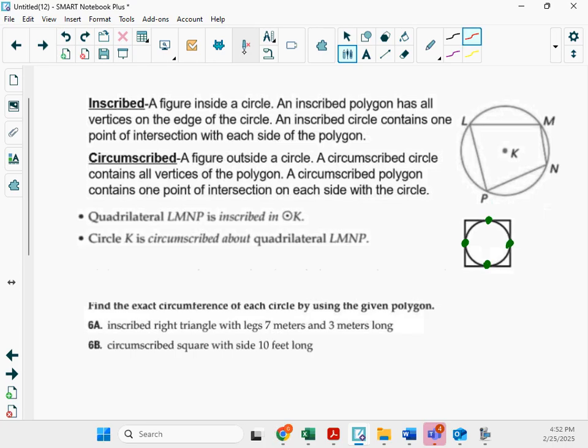So, for example, if I gave you this figure with this circle, this would not be circumscribed because it doesn't hit this edge of the figure right here. So it has to hit every side of the figure exactly once. That's what circumscribed means.